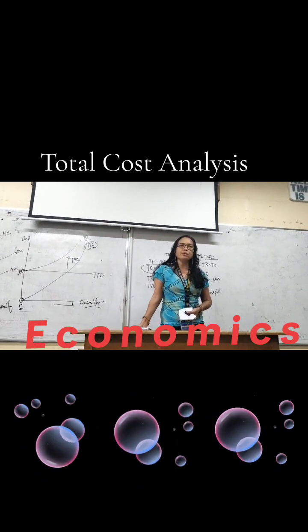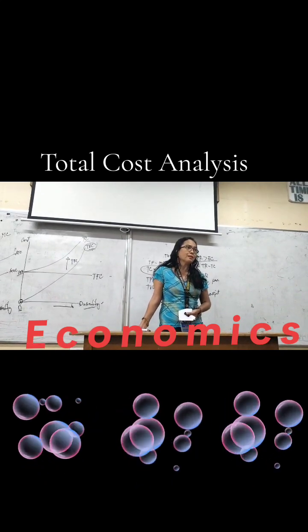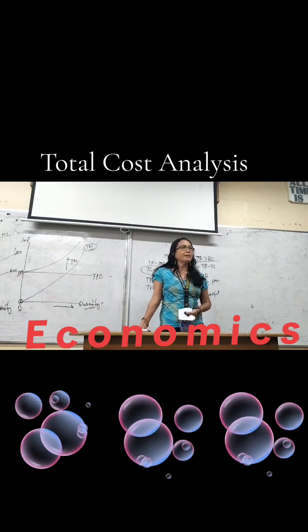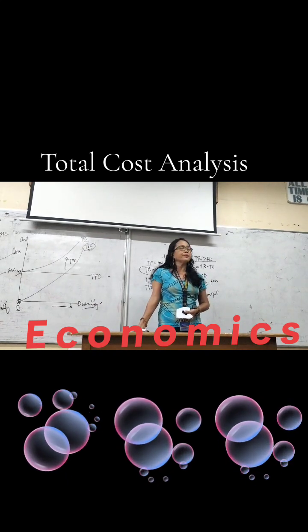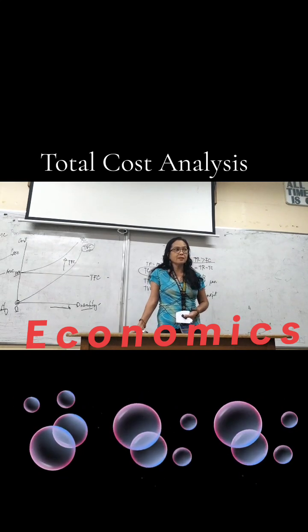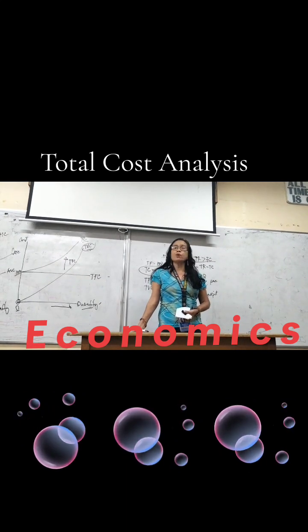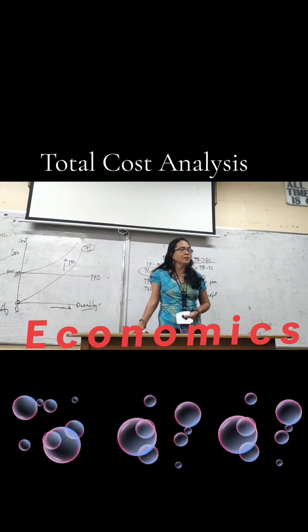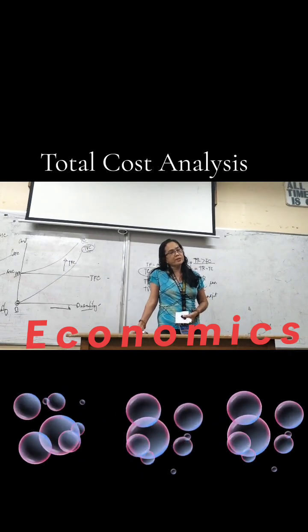It can be used for business without rental, but you could have had it rented, but you are using it in your own business. So we have to include our opportunity cost in economics.